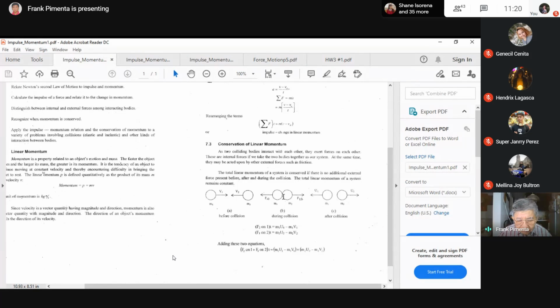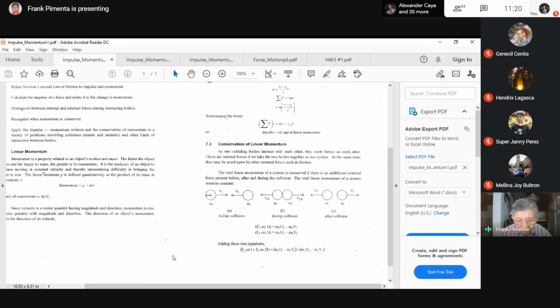Right after the collision or hitting, these two bodies separate. They bounce away from each other. So if the velocity before the collision is denoted by V sub 1, after the collision the velocities are denoted by capital letter U. So the velocities after the collision are U sub 1 and U sub 2.